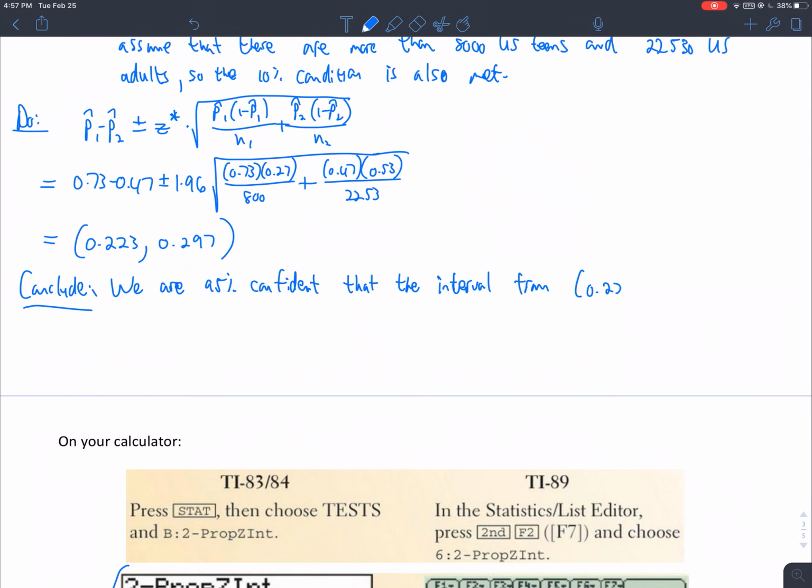from 0.223 to 0.297, okay, I shouldn't write it like that, I should probably write it like this.